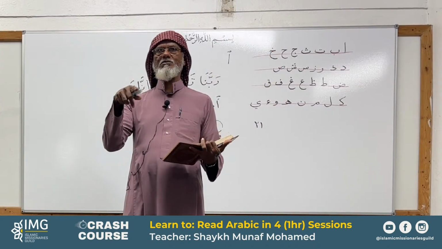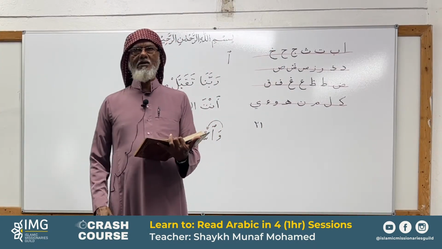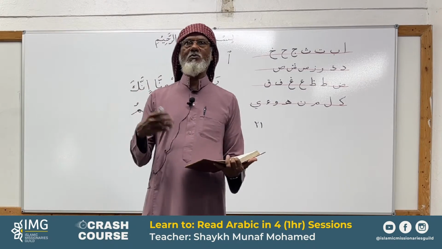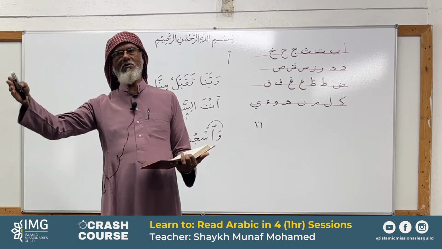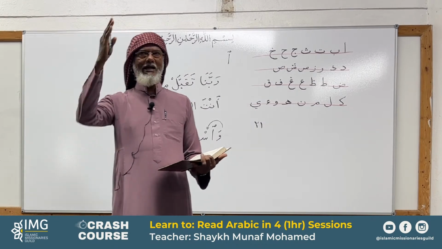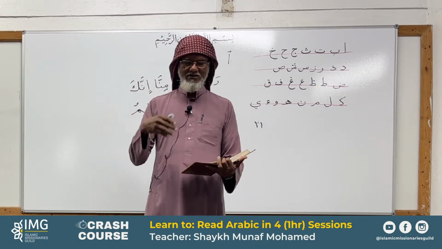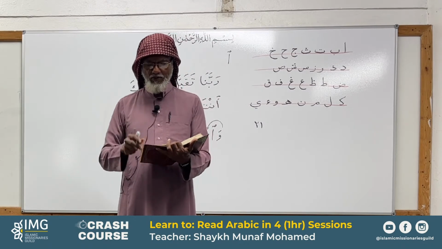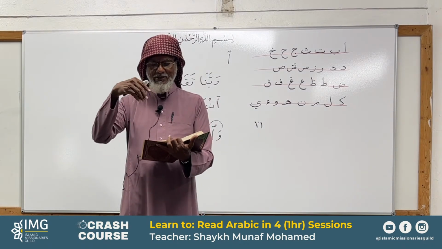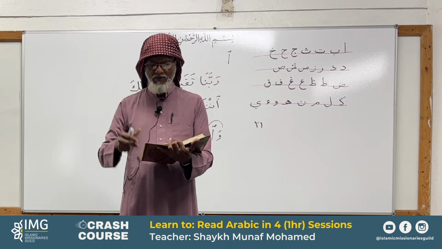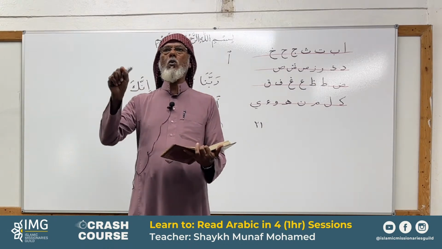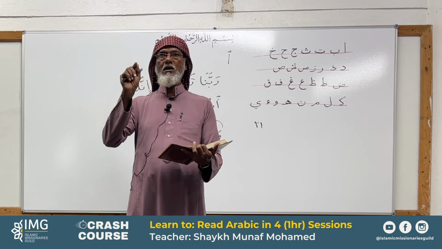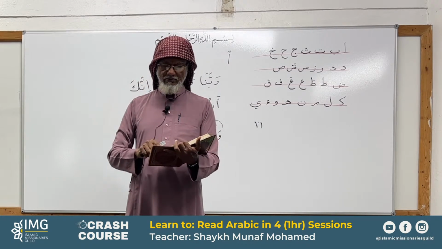Remember I told you the alif has many functions. Basically, when the verb is in the perfect tense, plural, masculine form, an alif comes after it. The alif is not pronounced, but you have a sign there already informing you of that. So that first word is what? Waqalu. And they said.